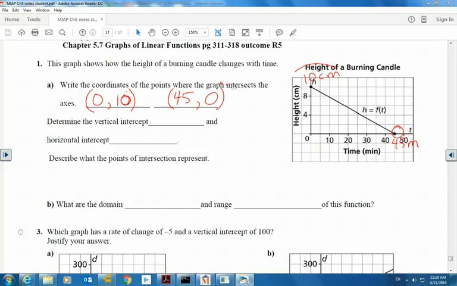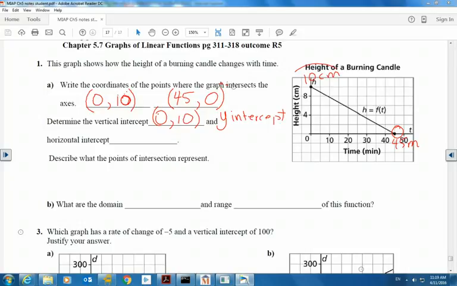Okay, so let's separate these two and determine which one of these is the vertical intercept. So which is the vertical one? Vertical goes straight up and down, and it is (0, 10). This is also known as my y-intercept, because that's where it intercepts with my y-axis.